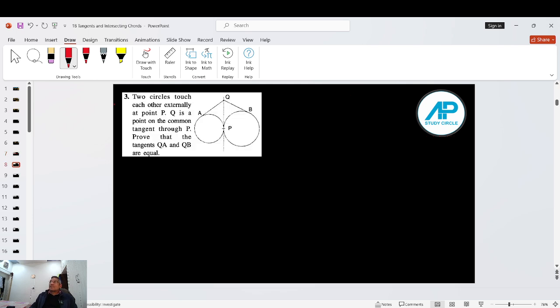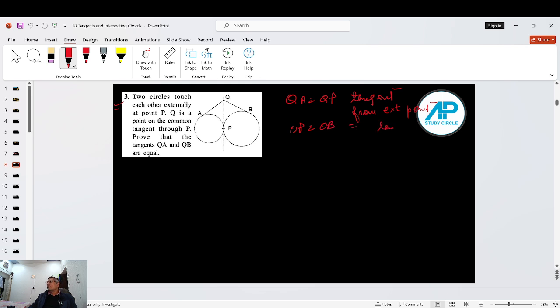Okay, interesting question. The property used: tangents from the same point are equal to each other. So you see here in the first circle, the tangents are QA and QP. What do you think QA and QP are? They are equal. Property. And second, QA equals QP equals QB.